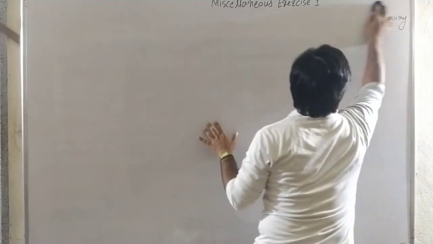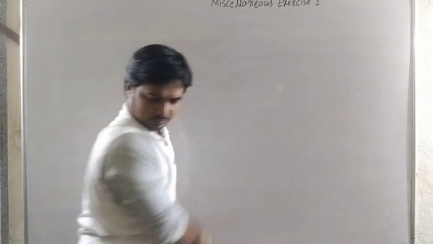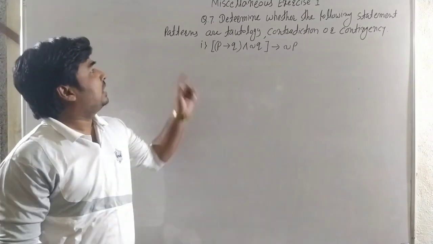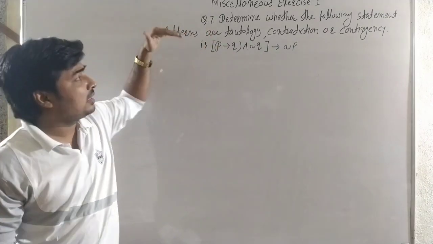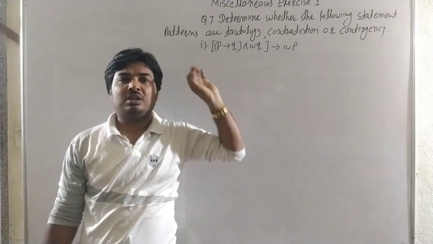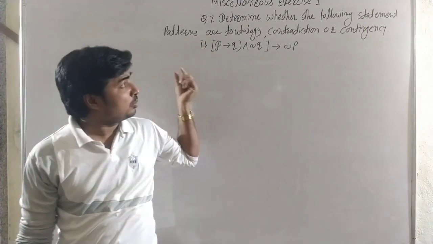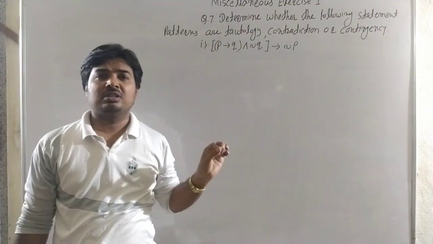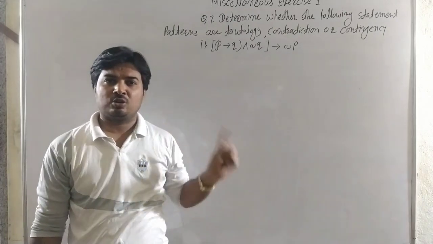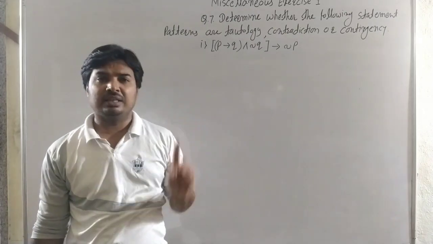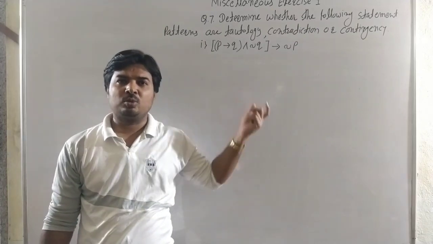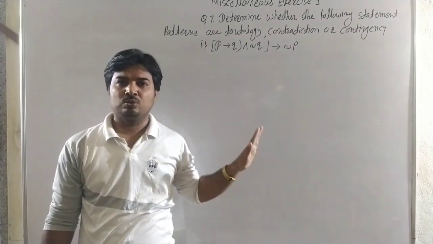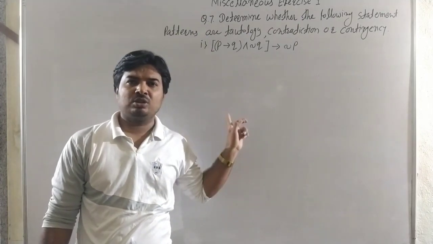Now the example number 7, determine whether the following statement patterns are a tautology, contradiction or a contingency. Such types of examples were already discussed in our lecture number 8. Tautology means all entries in the last column of the truth table are true, then this statement pattern is called a tautology.